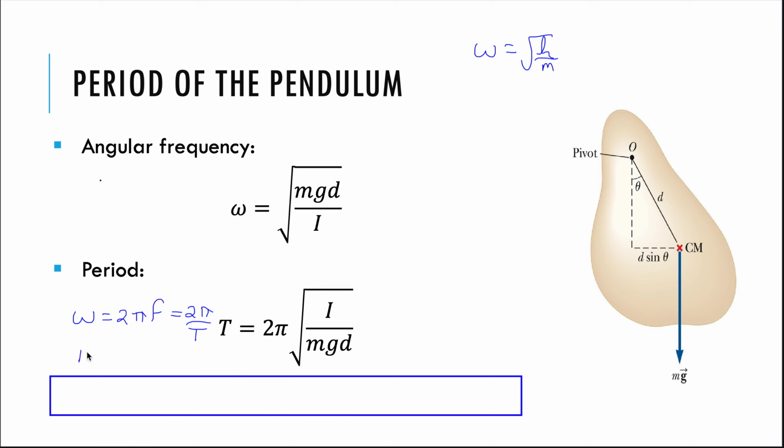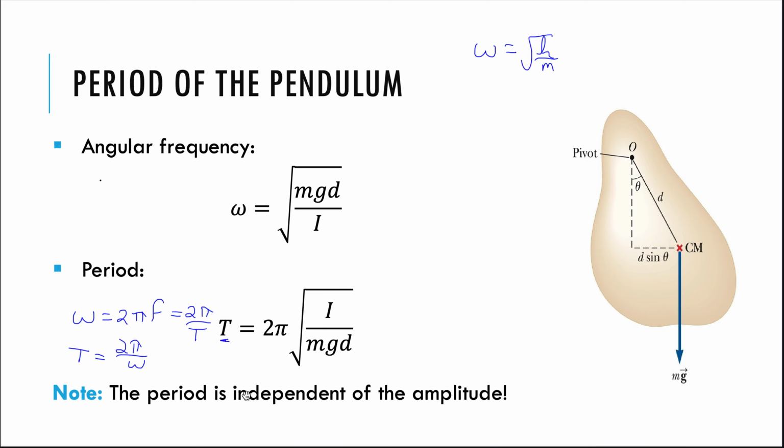That means the period is equal to 2 pi over omega. So we do 2 pi divided by all of this omega. Just like with the spring and the simple pendulum, we see that the period of oscillation is independent of the amplitude.